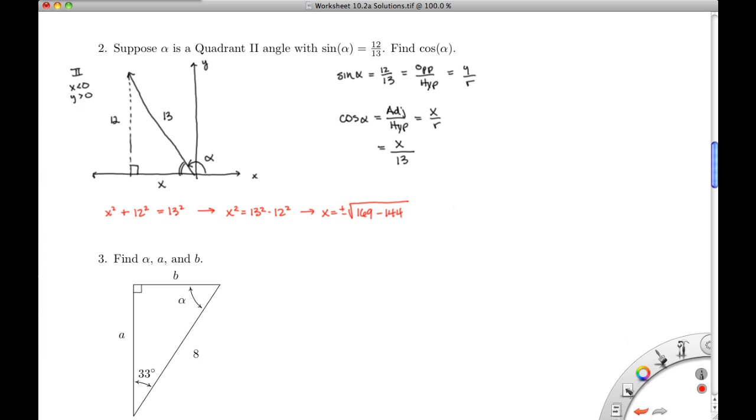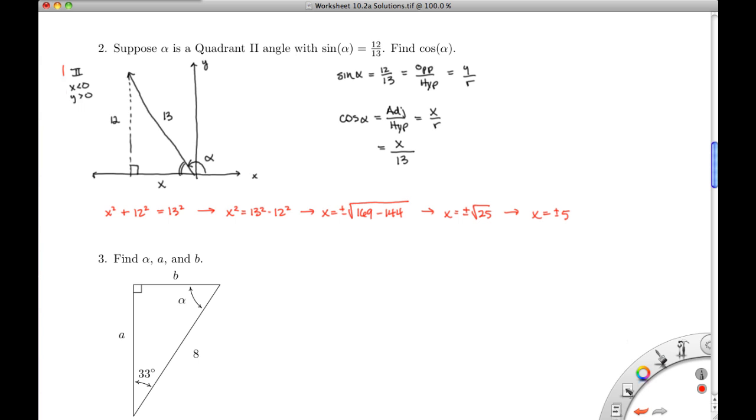So if we take that through a little bit more, x is going to be equal to plus or minus the square root of 25, or x is equal to plus or minus 5. So which one is it? Is it plus or minus 5?